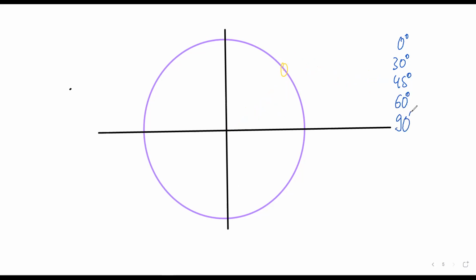So this is what we will do in this unit circle also. And how do we do that? I'll explain the logic for the first and the third quadrant. The second and fourth quadrant would become very easy.